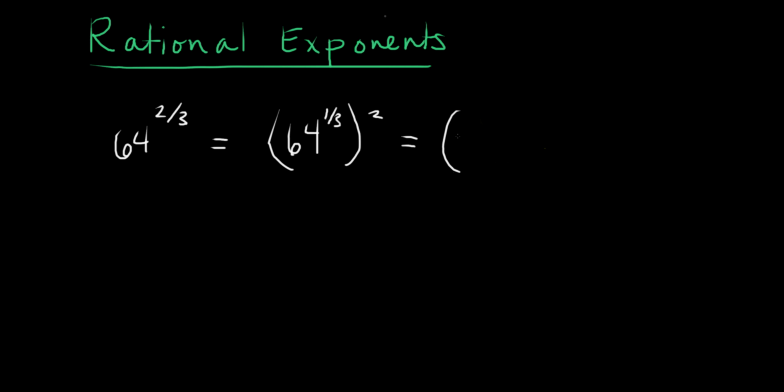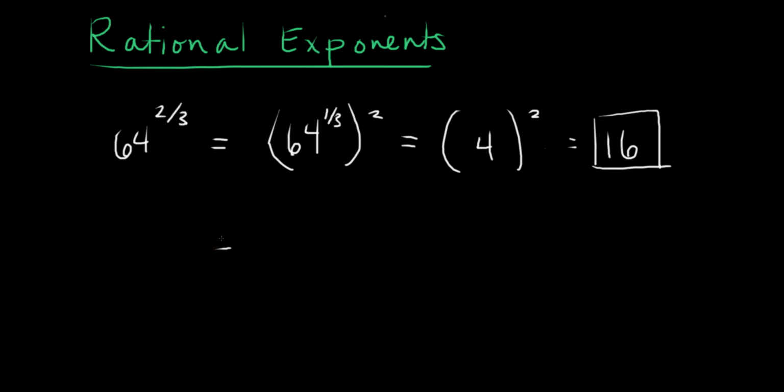And this isn't an arithmetic lesson, so I'm not going to go over why, but it's 4. 4 times 4 is 16. 16 times 4 is 64. So 64 to the 1/3, or the cube root of 64, is 4. And then we're squaring it. We get 4 squared, that's 16. So 64 to the 2/3 power is just 16.